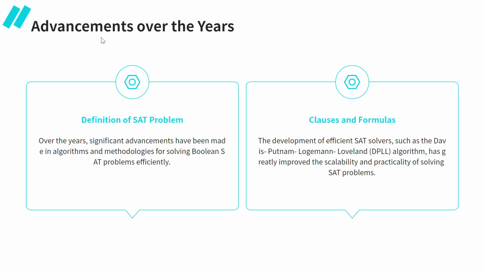Advancements over the years: significant advancements have been made in algorithms and methodologies for solving Boolean SAT problems efficiently. The development of efficient SAT solvers such as the Davis-Putnam-Logemann-Loveland algorithm (DPLL) has greatly improved the scalability and practicality of solving SAT problems.